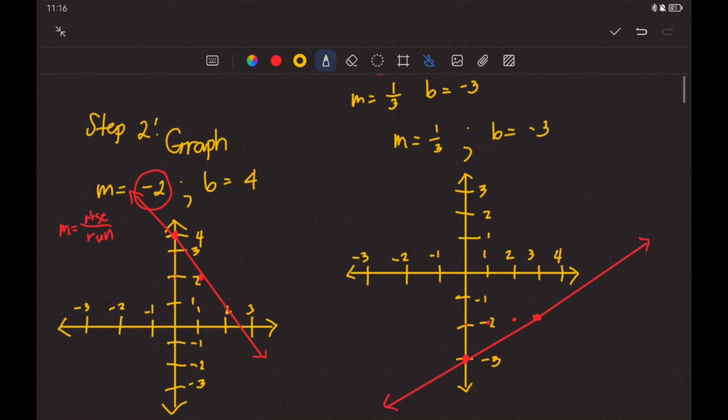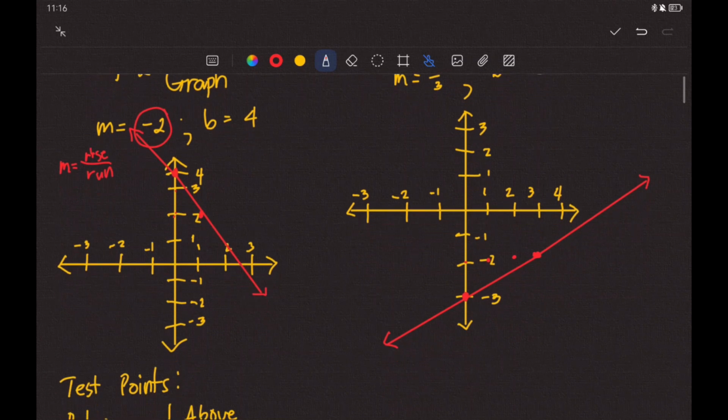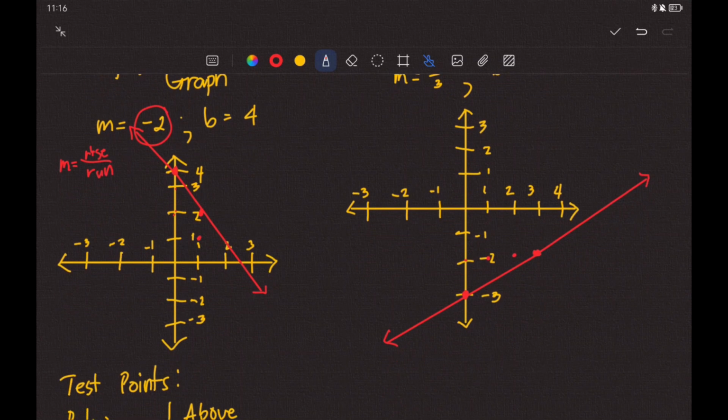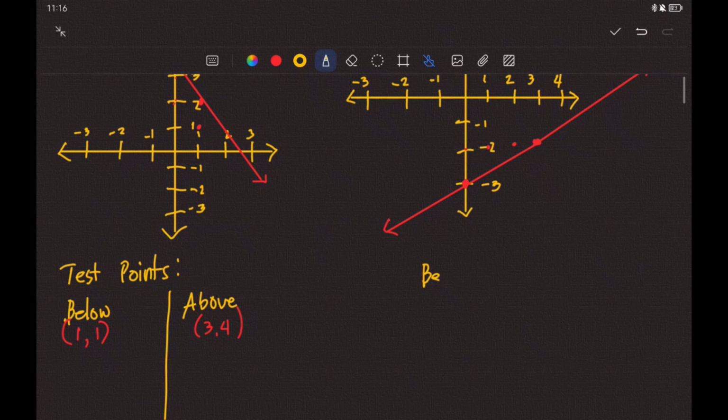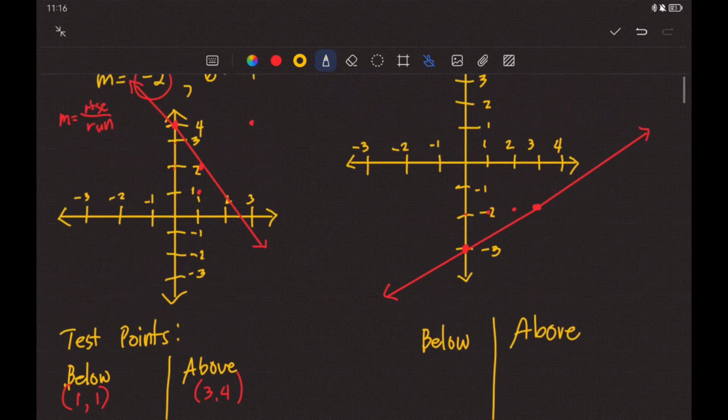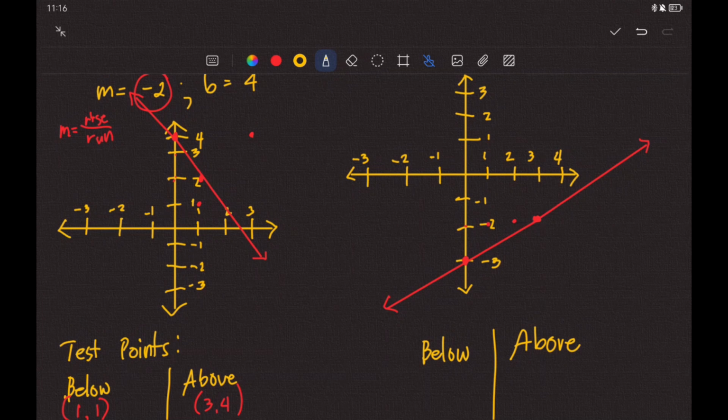For this one here, I am going to use for below (1, 1) and for above (3, 4). For the second graph, the below is (-4, -3), and for the above, we are going to choose (2, 2).